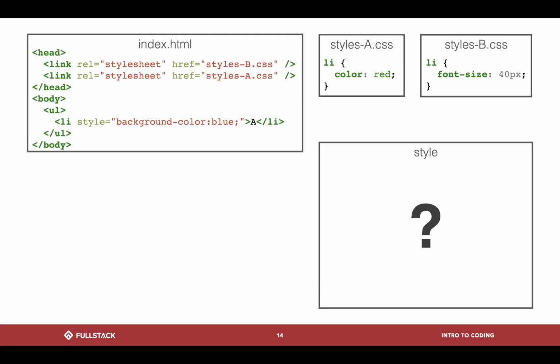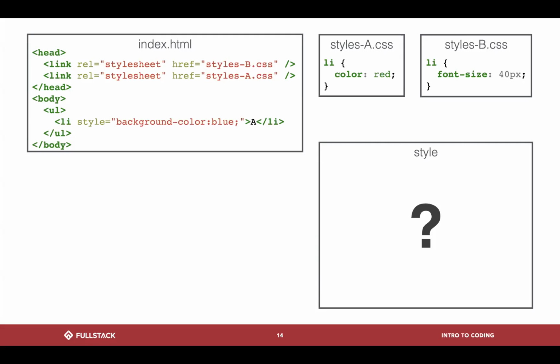So they both affect list items, right? Styles A tells all of the list items to have a font color of red, whereas styles B gives a font size of 40 pixels. So what I was just saying is that if styles B had tried to make the color green, the color wouldn't be green when it got to the page.